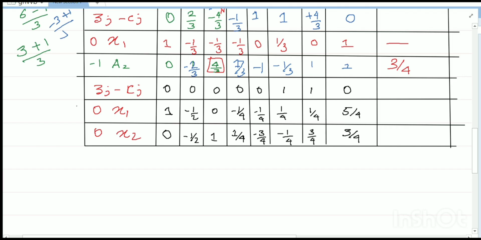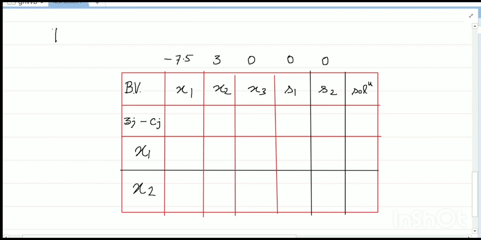Okay, so I get the total value. Now I copy this column, not this Cj, this column in the phase. Now I discuss my phase. So whatever I get, I want to discuss with you, that I just copy.